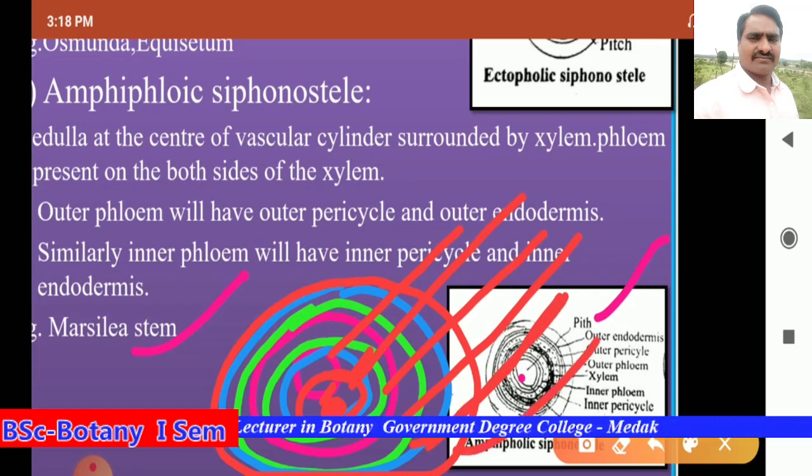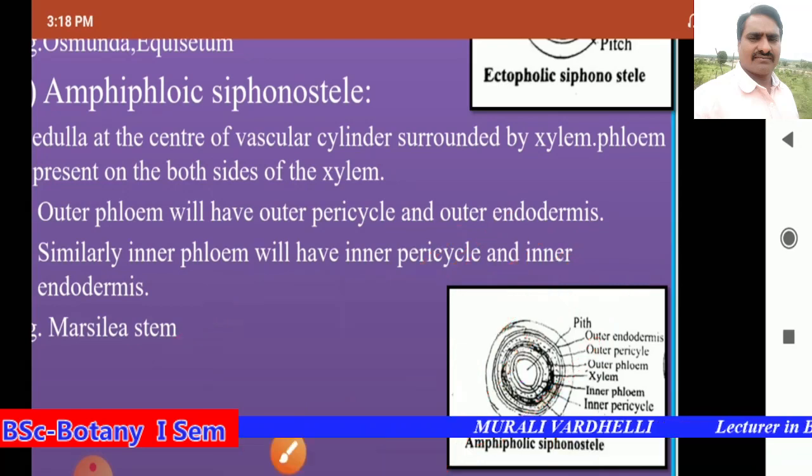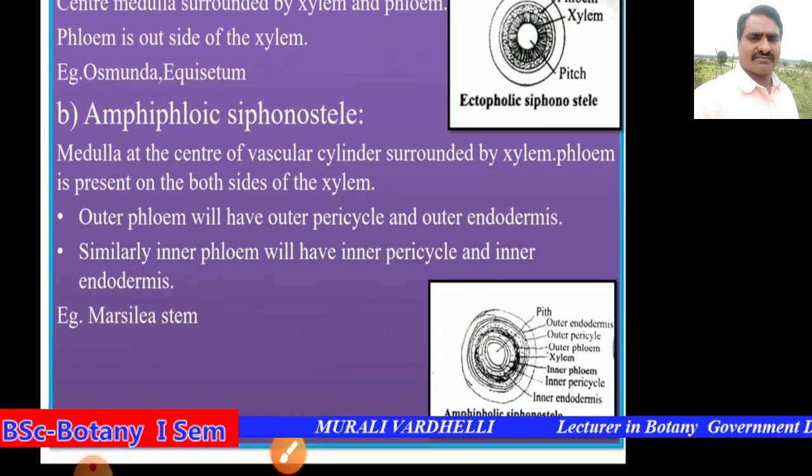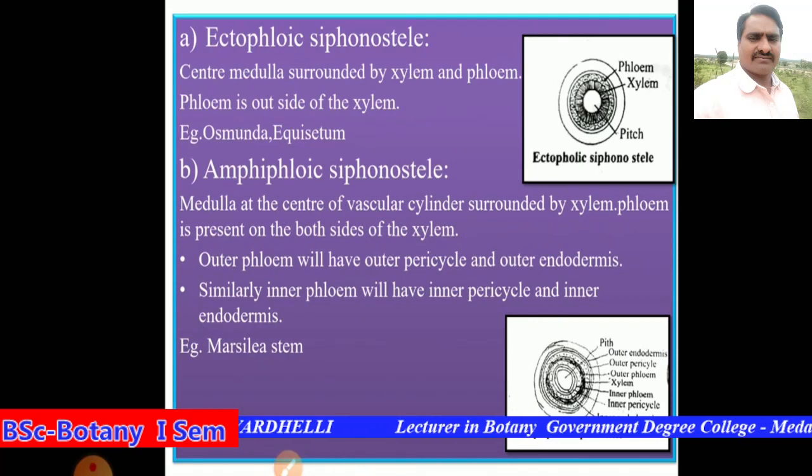This one is outer endodermis. So this type of arrangement of stele is called amphiphloic siphonostele. We can observe this type in Marsilea stem and Marsilea rhizome.